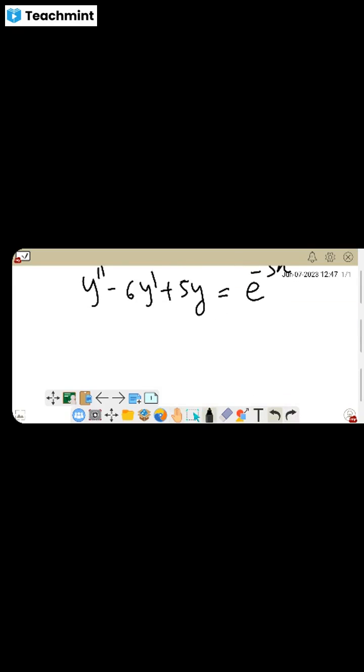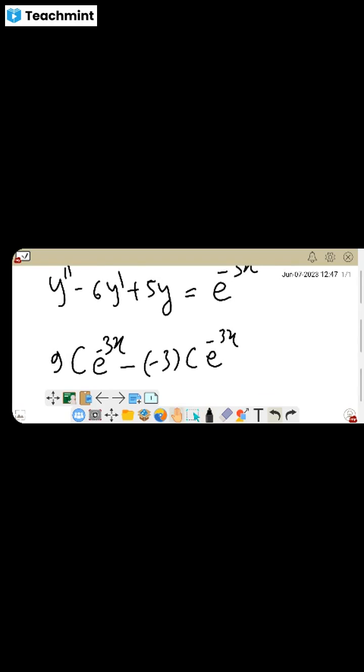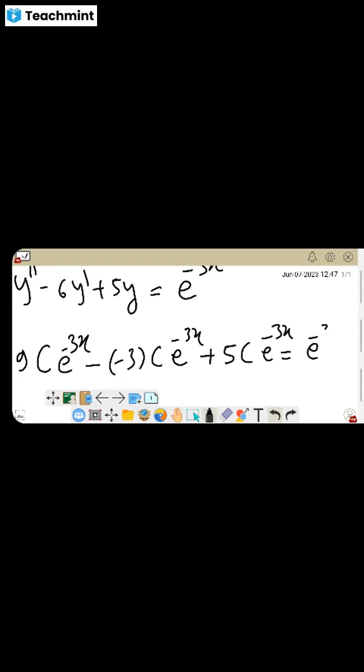So we have here 9c into e to the power minus 3x minus 6 into minus 3 into c into e to the power minus 3x, plus 5 into c into e to the power minus 3x, and on the right side also we have e to the power minus 3x.